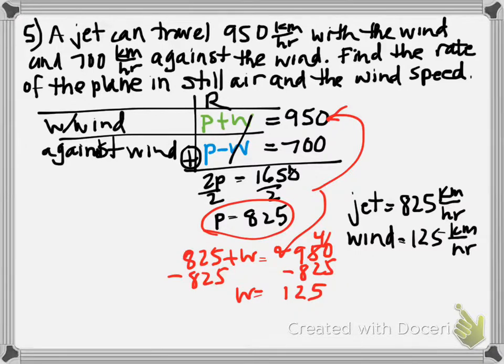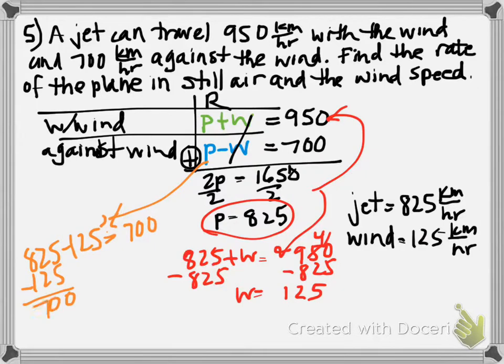And then I could verify by plugging information into this equation, and I look to see if 825 minus 125 actually equals 700. And the answer is yes, it does. So that means these answers are good. All right, now we've completed the notes. All right, good luck.